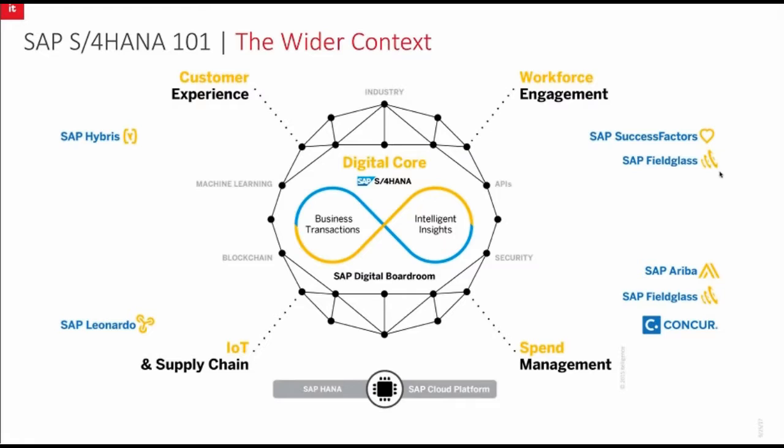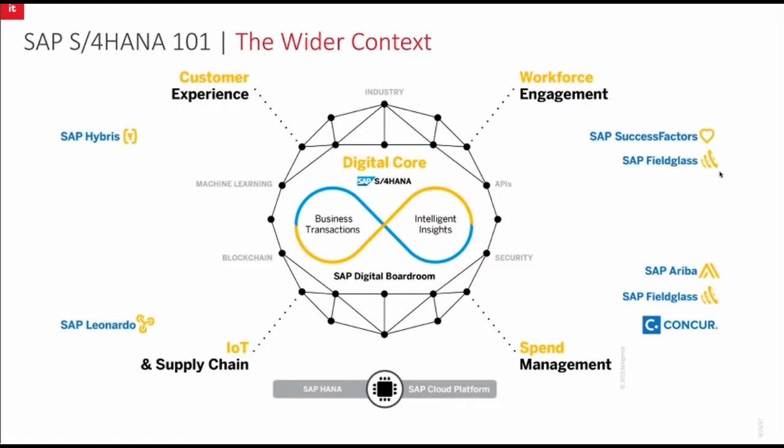And no surprises, most of those products around the outside are pure public cloud-based solutions. But you can also see the advent of the newer technology innovations here. So you can see blockchain, machine learning, and of course, HANA and the SAP Cloud Platform itself underpinning what's being done with the digital core.